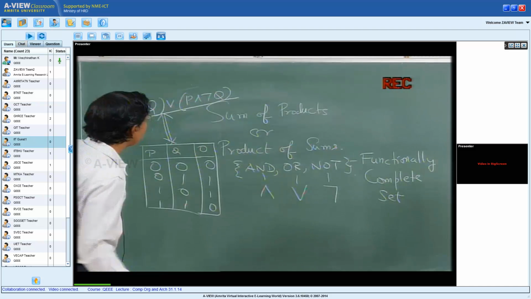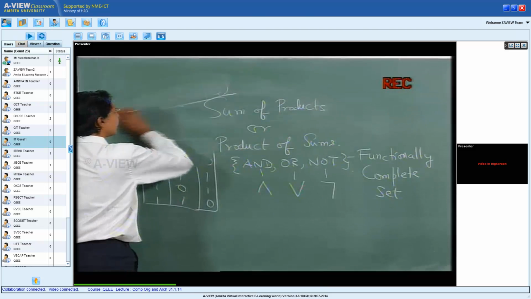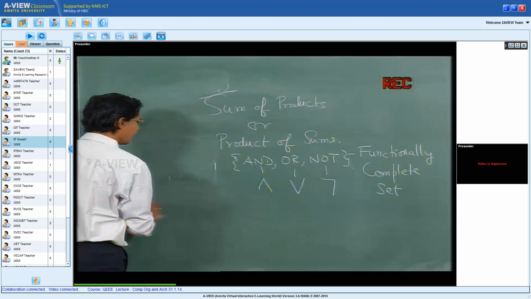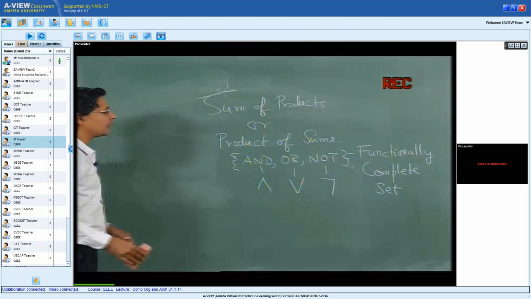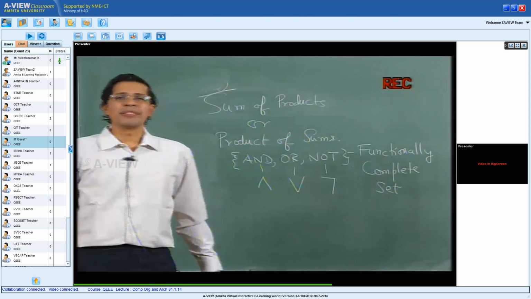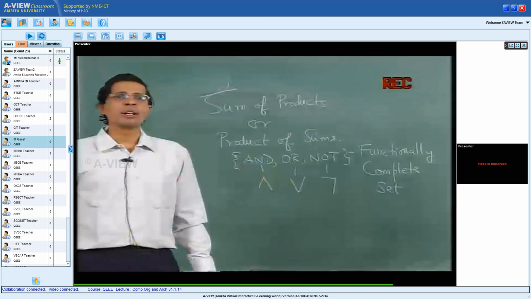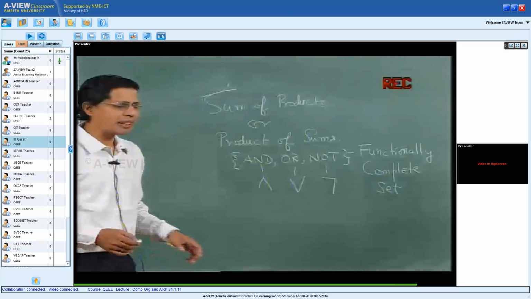Now let us go to the next step. I hope in your digital logic course you would have learnt about De Morgan's law. Let me quickly revise this.